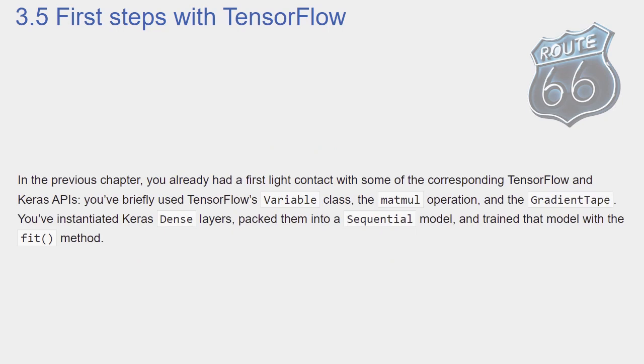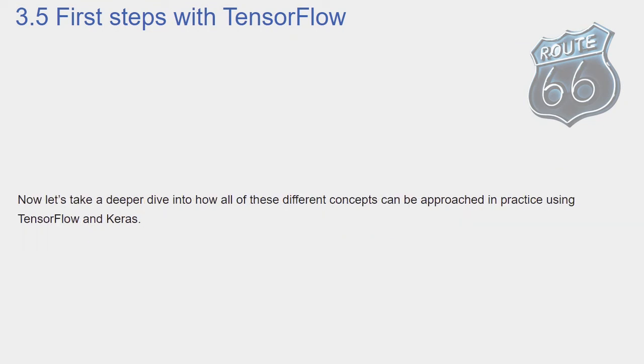In the previous chapter, you already had a first light contact with some of the corresponding TensorFlow and Keras APIs. You've briefly used TensorFlow variable class, the matmul operation, and the gradient tape. You've instantiated Keras dense layers, packed them into a sequential model, and trained the model with the fit method. Now, let's take a deeper dive into how all of these concepts can be approached in practice using TensorFlow and Keras.